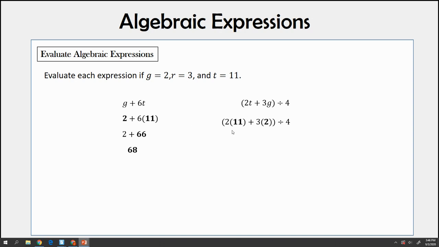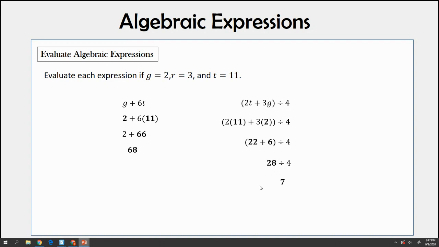Let's go ahead and do the work in parentheses. I've got multiplication, addition, multiplication. So I'm going to do this multiplication first and then this multiplication second. Because of that, I could really do them at the same time because they're not going to affect each other. Still in parentheses. So 22 plus 6 is 28, and 28 divided by 4 is 7. Bam, got that one.